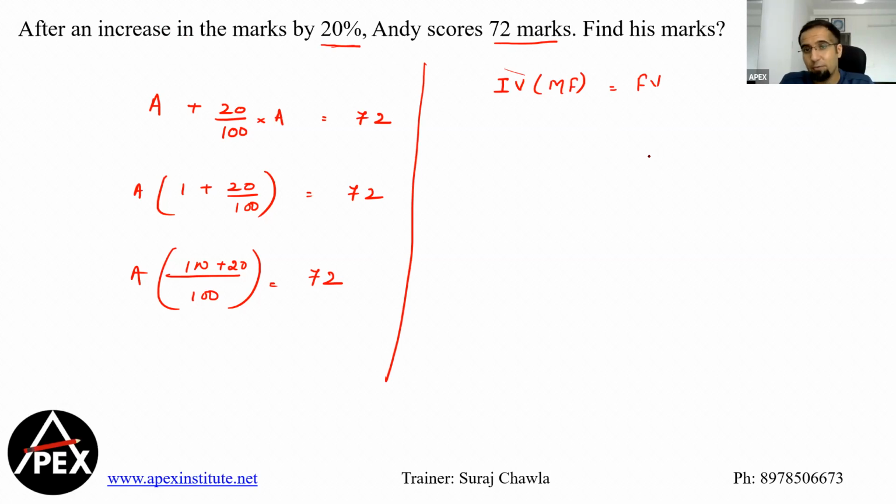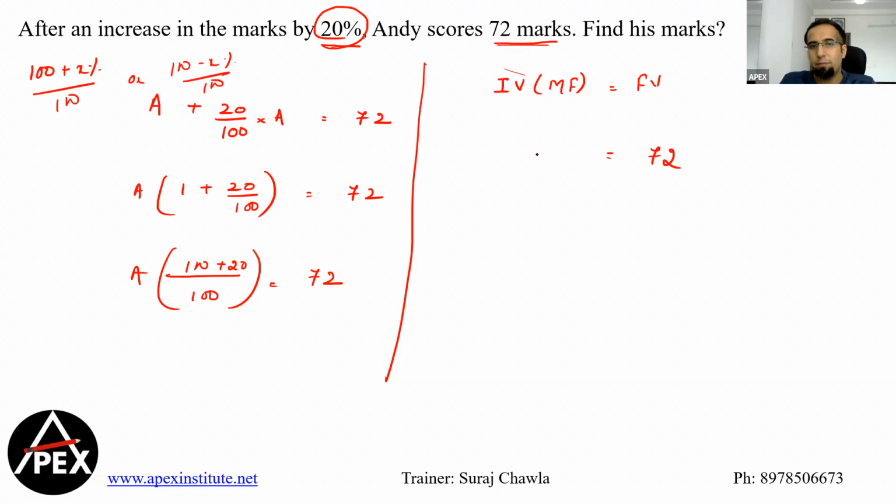So kindly remember 72 will be his final value. Clear? Now there's a 20% increase. We have discussed multiplying factor would be 100 plus X percentage by 100, or it is 100 minus X percentage by 100. So there's an increase. I use 100 plus X percentage by 100.